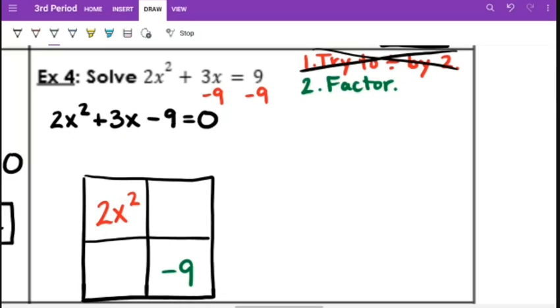And now it's time to start thinking about our factors. I need two things that multiply together to give me 2x squared. 2x times what? 1. 2x times 1x. Right, exactly right. So I'm just going to write that as 2x times x.